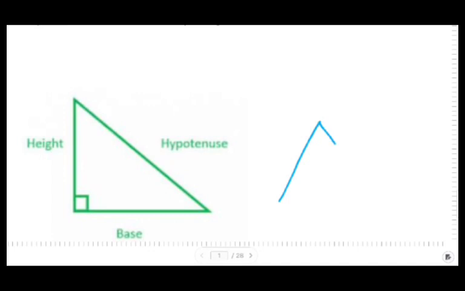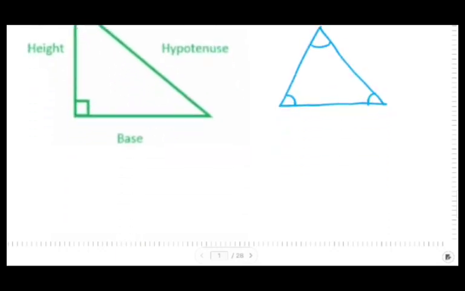If all the angles of the triangle are less than 90 degrees, it is known as an acute angle. If any one angle is greater than 90 degrees, it is an obtuse angle.